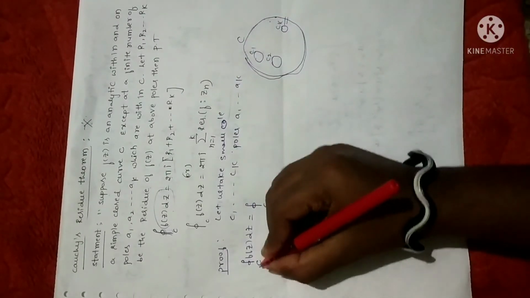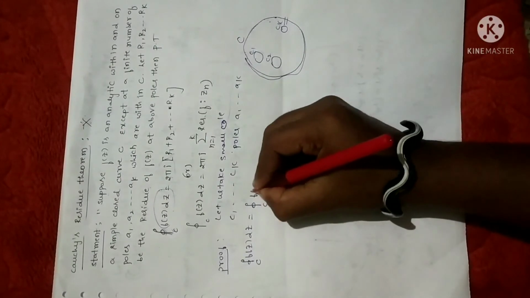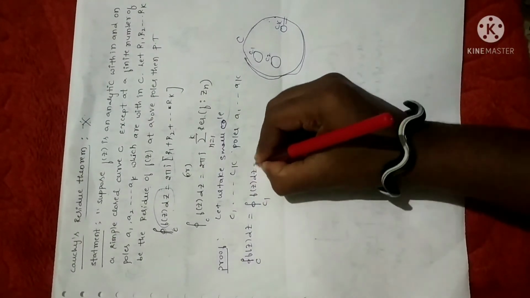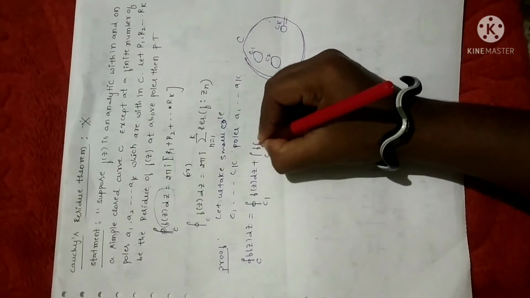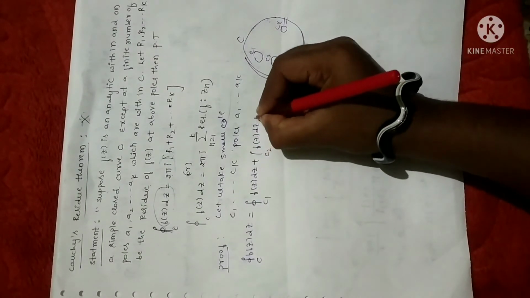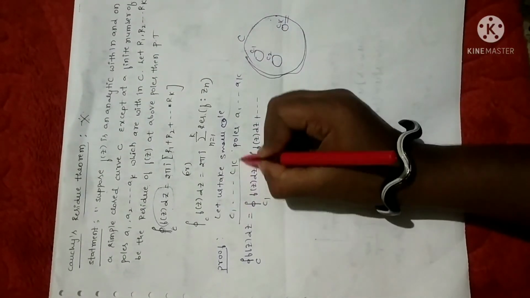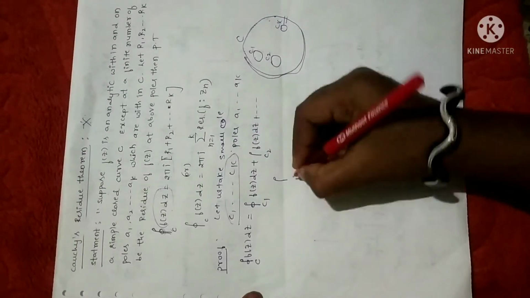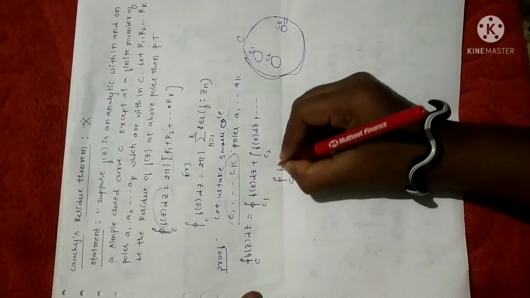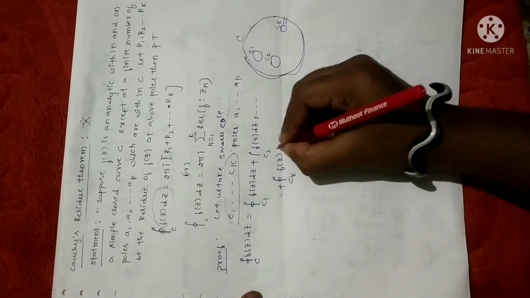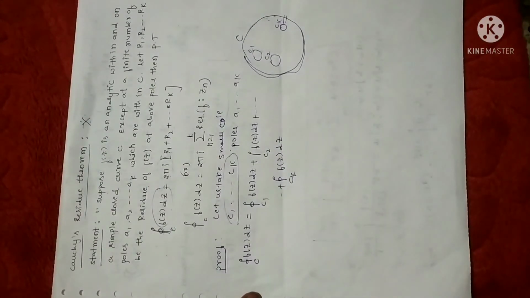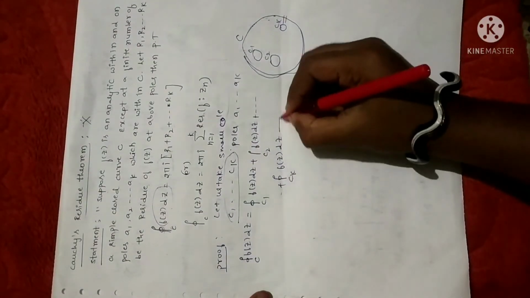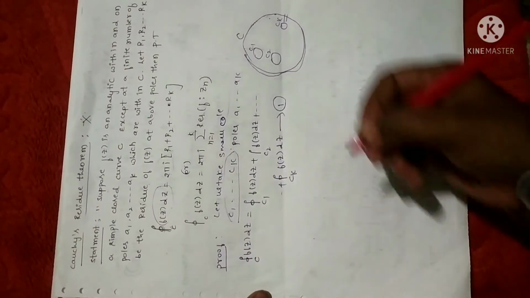Let me write this as the integral over C of f of z dz equals the integral over C1 of f of z dz plus the integral over C2 of f of z dz plus so on, up to the integral over Ck of f of z dz. Why? Because we have split the curve into k number of curves, right? Clear? So let me take this as equation 1.